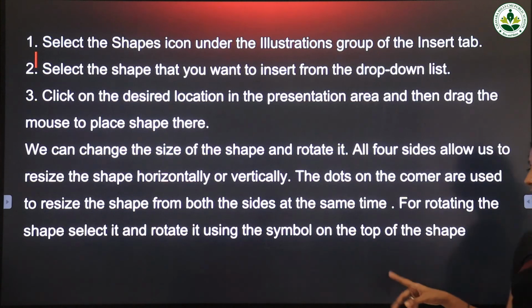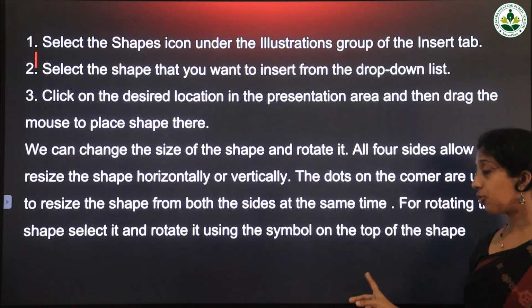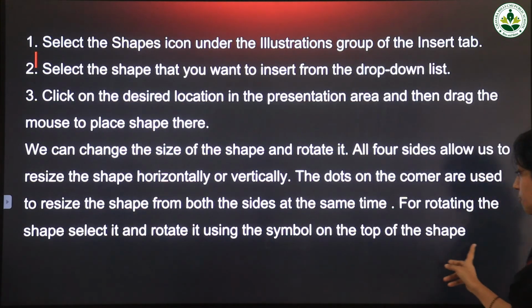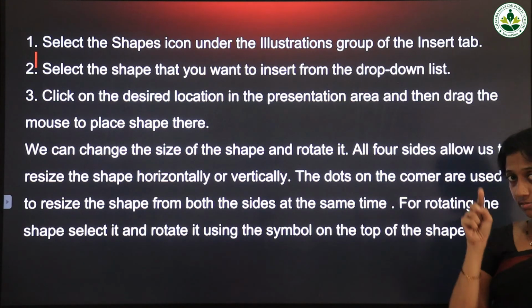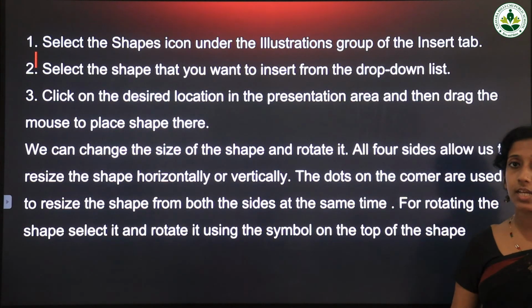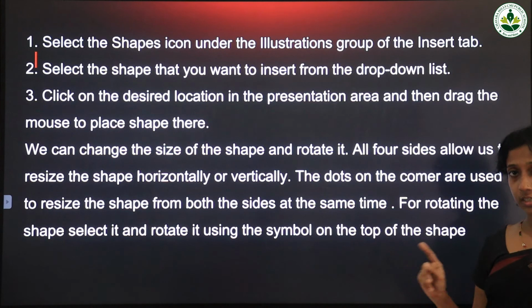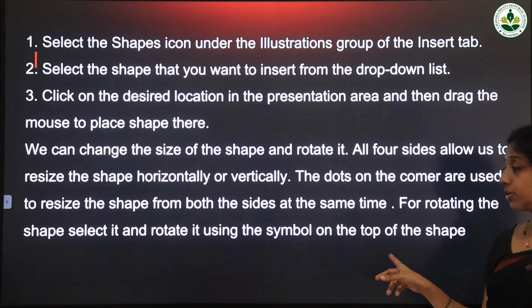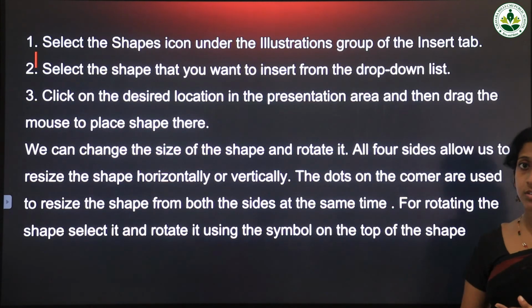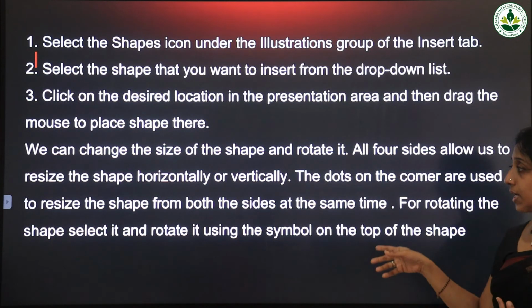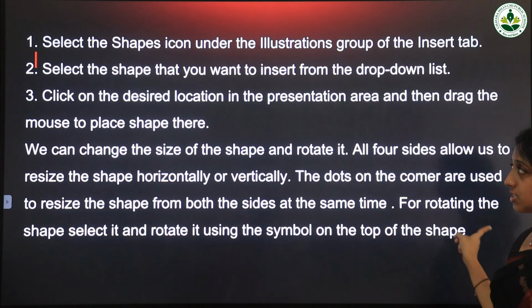For rotating the shape, select it and rotate it using the symbol on the top of the shape. You can see a circular or loop shape there; click there and you can rotate your shape. You can also make your shape larger or smaller using the four dots on the sides of the shape.